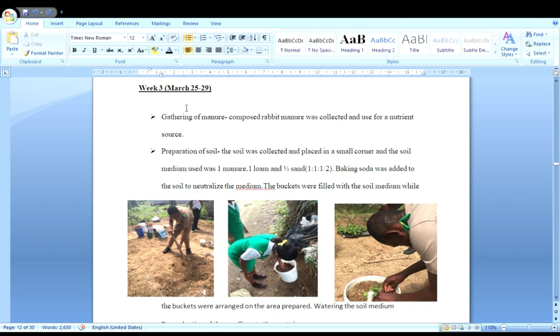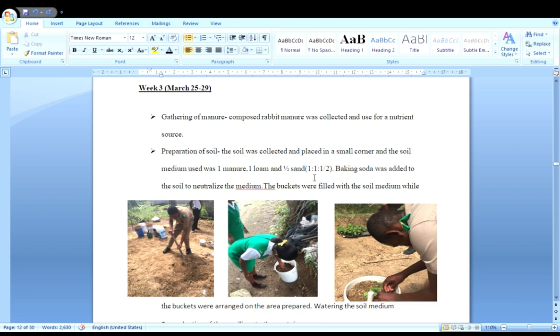Alright, so week 3 here states the 3rd activity, gathering of manure. Compost rabbit manure was collected and used for a nutrient source. Preparation of soil. The soil was collected and placed in a small corner and the soil medium used was 1 part manure to 1 part loam to half part sand.